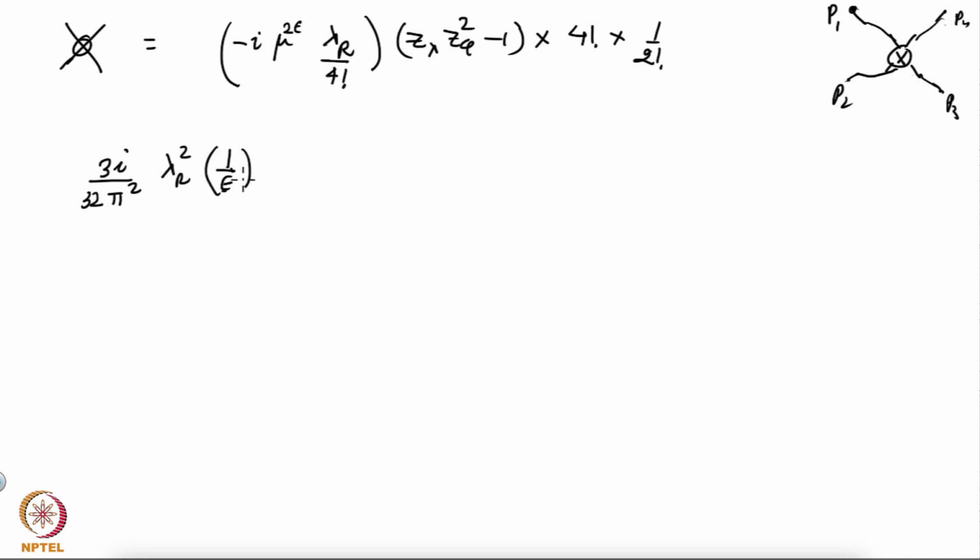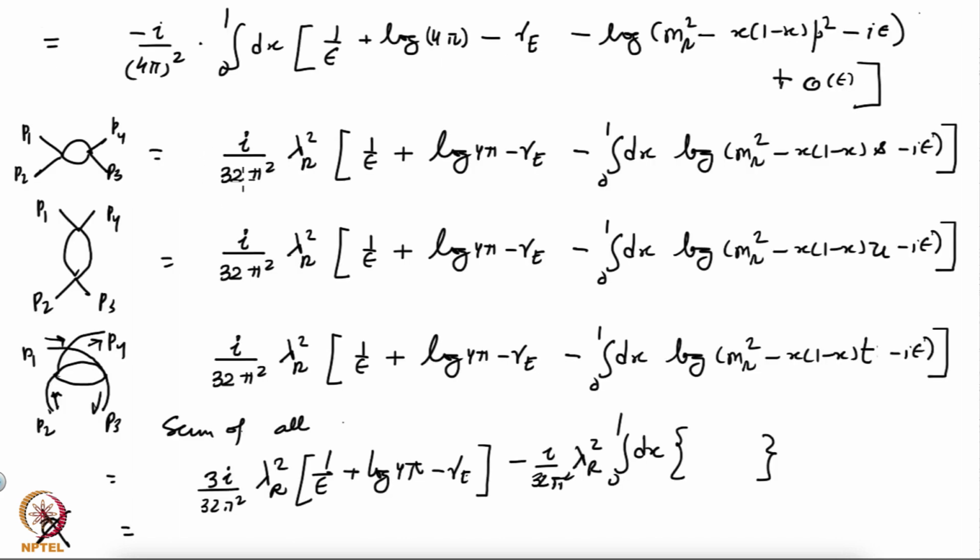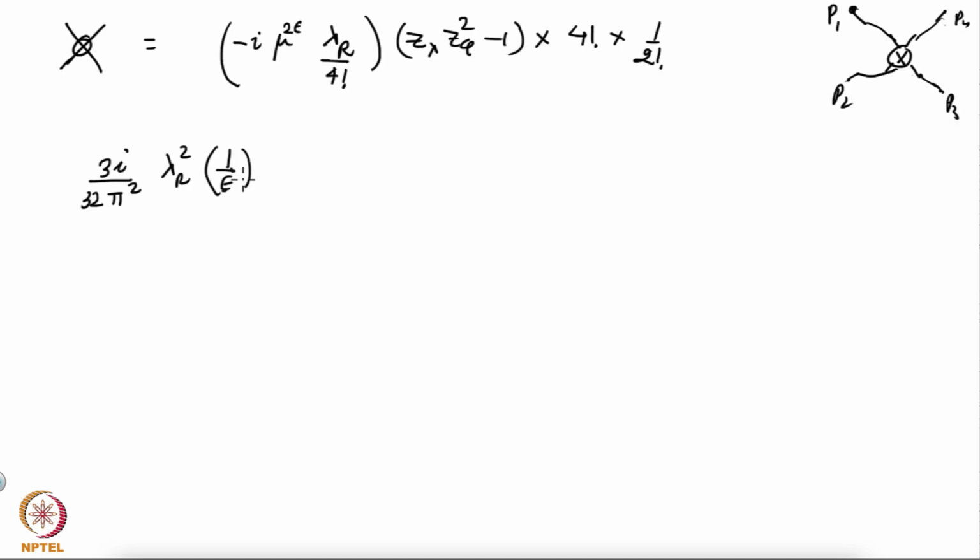Let's see, 3i over 32 pi square lambda r square 1 over epsilon. That is what I have written here, plus this term, which is minus i over 2, that is coming from here, 4 factorials have cancelled. Then you have lambda r, okay, and then here z phi is 1 to order lambda, okay, it is 1 plus 0 plus lambda r plus some number times lambda r square.